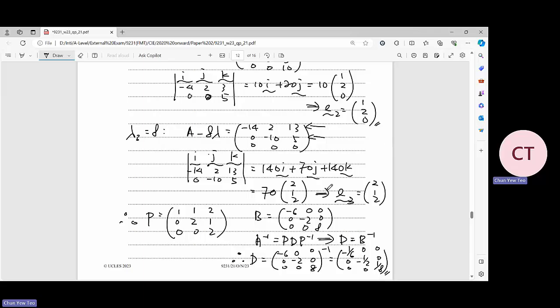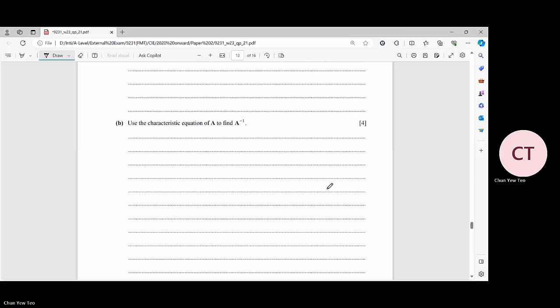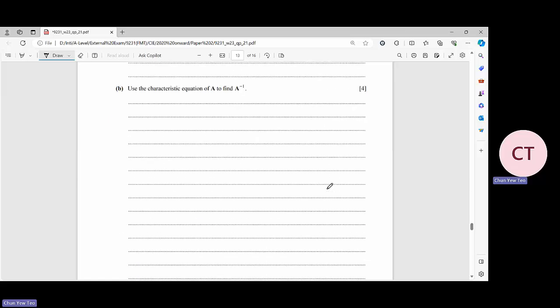Now we move on to part B. Use the characteristic equation of A to find the A inverse. Now we want to find the A inverse. First of all, you need to understand the meaning of the characteristic equation.